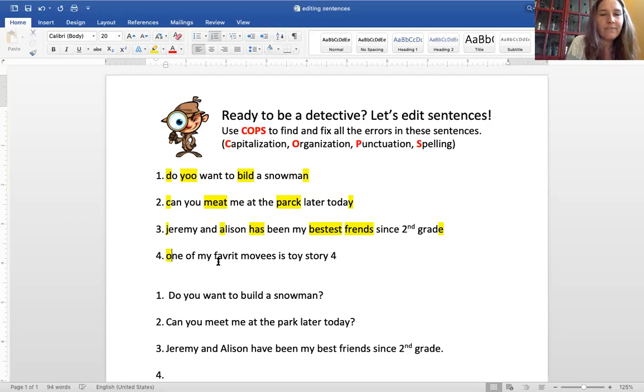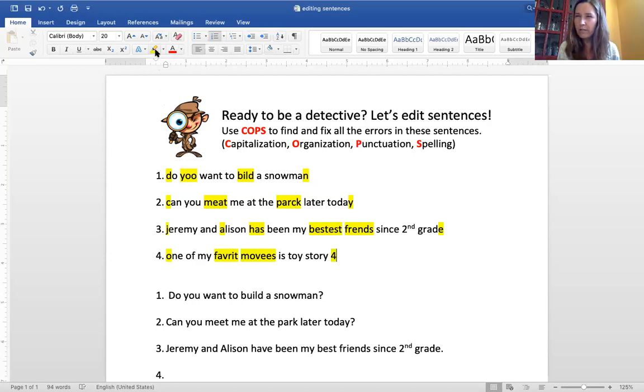One of my favorite, whoa. This is gonna be a spelling change. Favorite is not spelled that way. And movies is not spelled that way. One of my favorite movies is Toy Story 4. I know I need punctuation at the end.